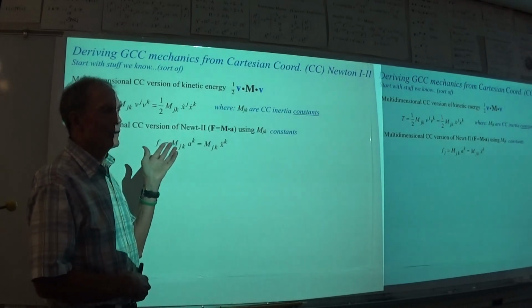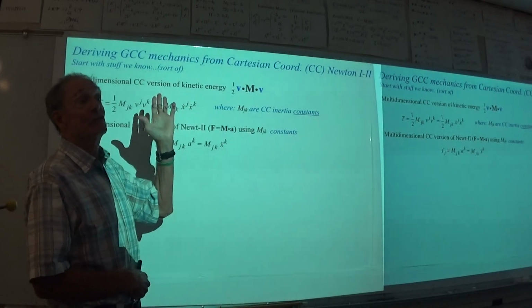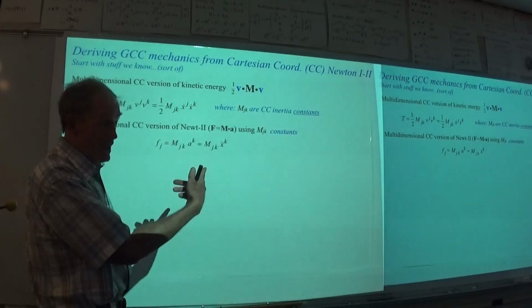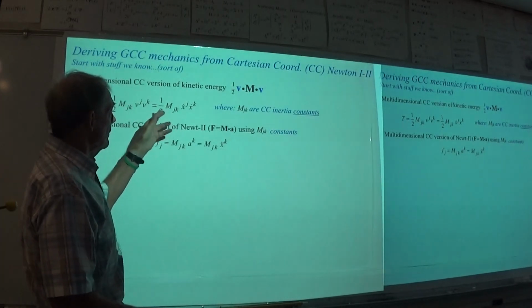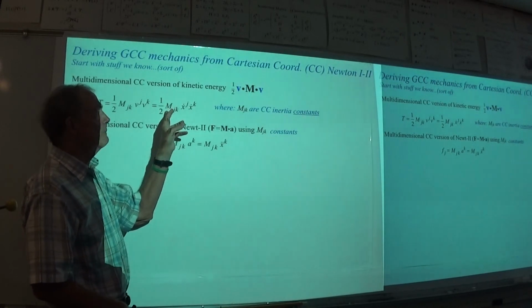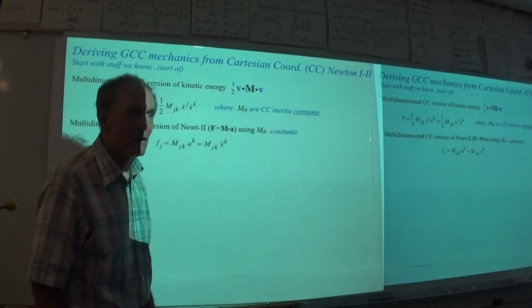And it was always diagonal. There was just the mass of the ball and the mass of the pen, right? Or the mass of the SUV or the VW, right? We didn't have anything but zeros off diagonal. Here I'm going to say, I'm getting ready here, and I'm willing to have off diagonal M matrices in the Cartesian coordinate system of this thing.